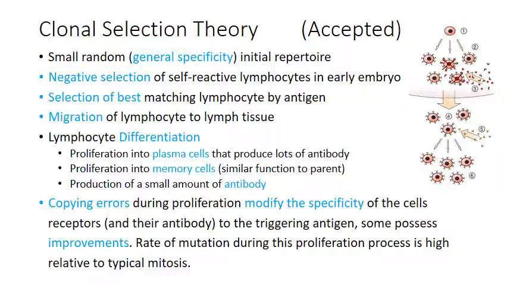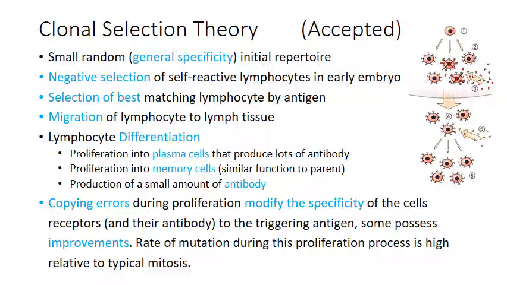The selection of the best matching lymphocyte by antigen means that the antigen will choose the best matching lymphocyte, which has the higher affinity to it, and the antigen and antibody complex will migrate to lymph tissue, in which the lymphocyte will differentiate into plasma cells that produce a lot of antibody, and memory cells that will retain the memory of the antigen and thus serve as a catalyst for a future immune response and production of a small amount of antibody to fight against the antigen.